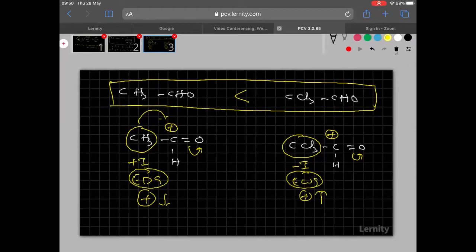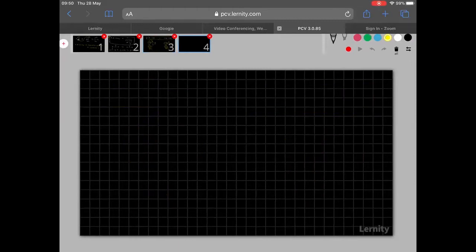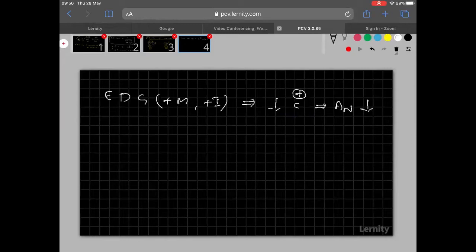Is it okay? So I can come to a conclusion. See clearly, everyone: electron donating groups, meaning plus M and plus I groups, decrease the positive charge on the carbonyl carbon. Thereby the nucleophilic addition rate will be less.